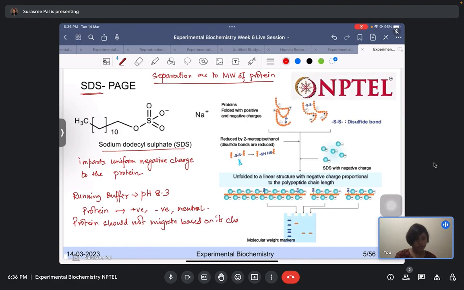So what we have to do is impart a uniform charge to all proteins. The charge-to-mass ratio has to be uniform for all proteins.